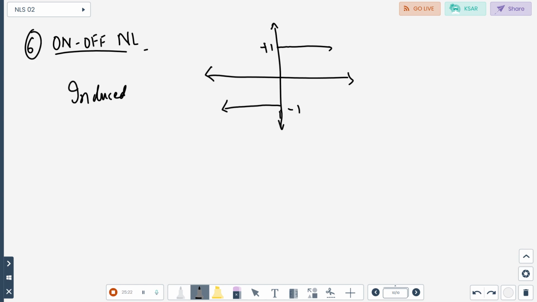So the purpose of using this nonlinearity is for control, for protection, etc., and it is not inherent in nature, it is actually induced in a system. This behavior again represents a nonlinear behavior.